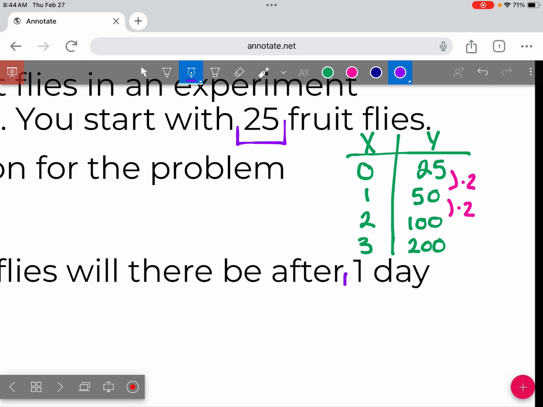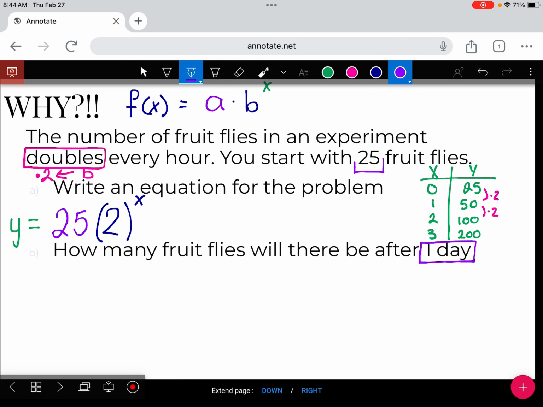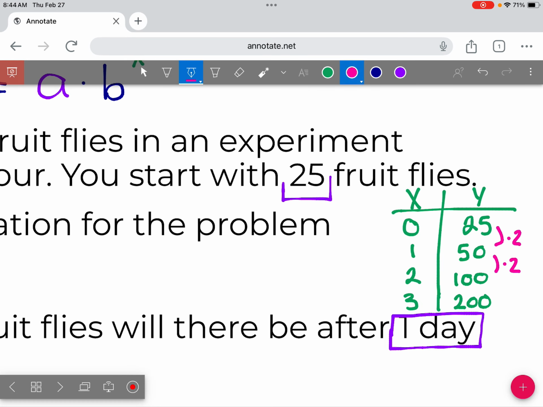So if I want to know how many there are going to be after 1 day, how are we going to figure that out? I don't want to have to keep filling in the whole table, because remember, these are counting by hours.